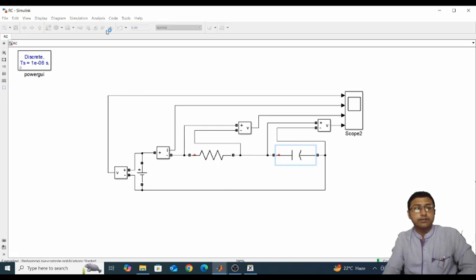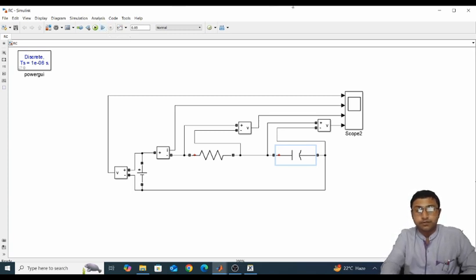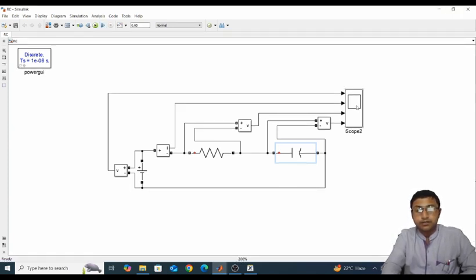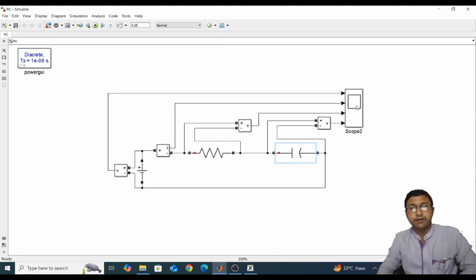So if I run the simulation, I think it is done. The first one is supply voltage, second one is current, third one is voltage across the resistance, and the fourth one is the voltage across the capacitance.